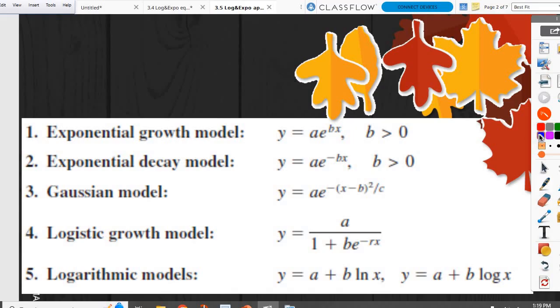So for our exponential growth model, a lot of these we can look at are population or sales, but it's going to be with restricted time.